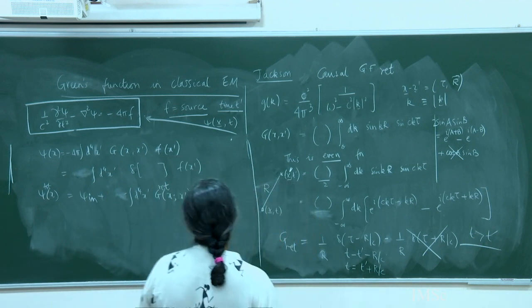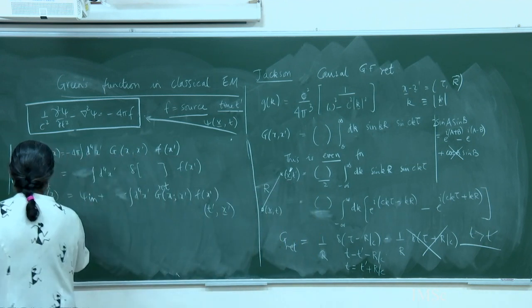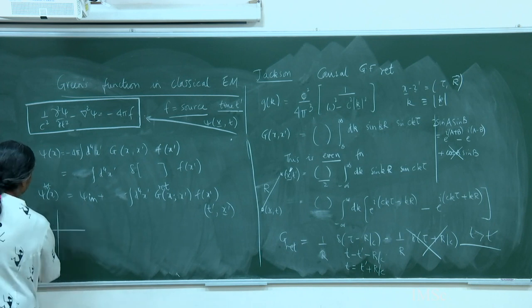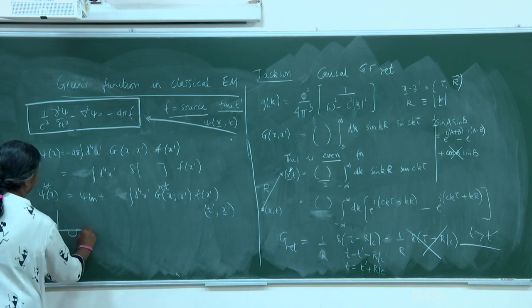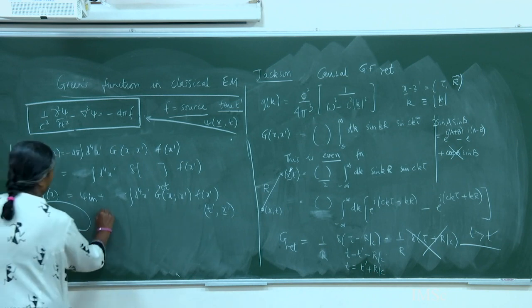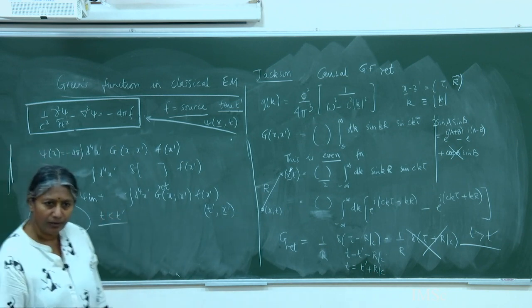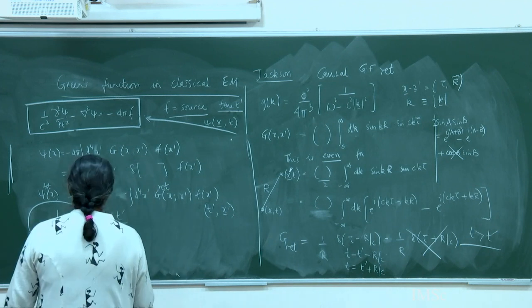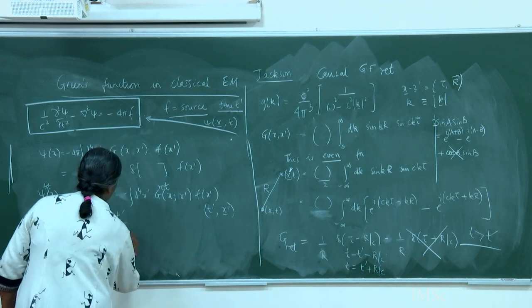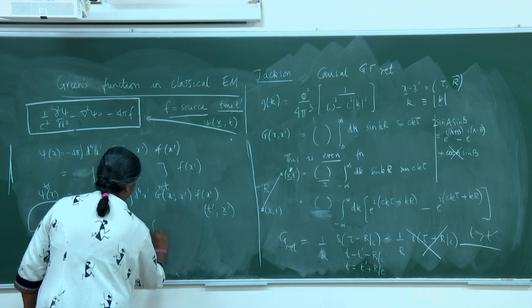Now suppose instead of closing the contour this way, I had instead closed the contour like this and asked for all solutions t less than t prime, then I would have got in exactly the same way the advanced Green's function.